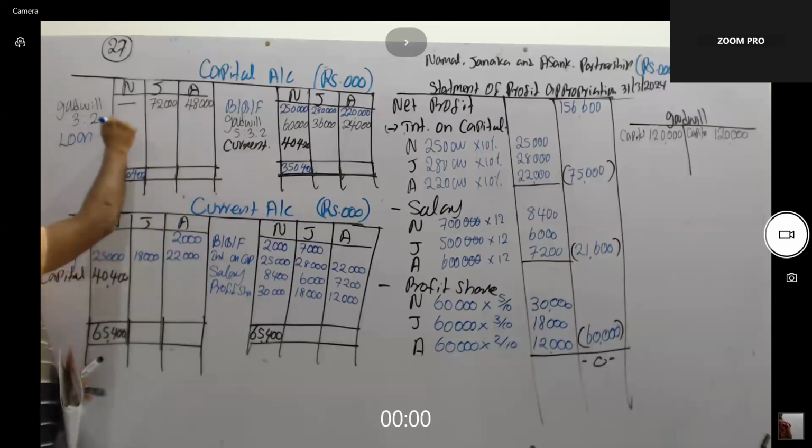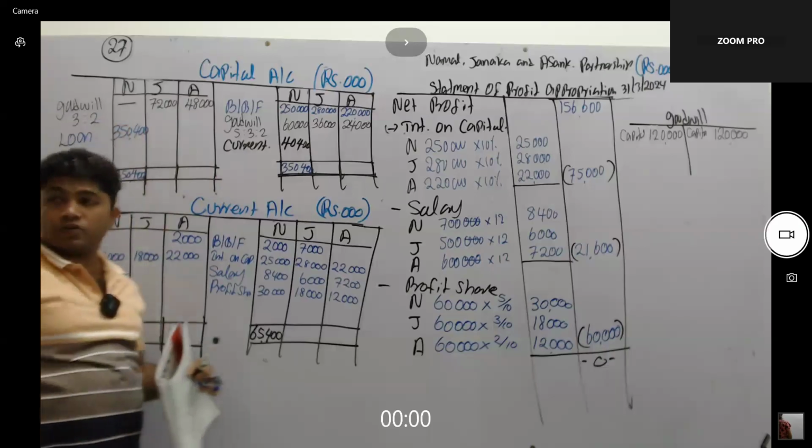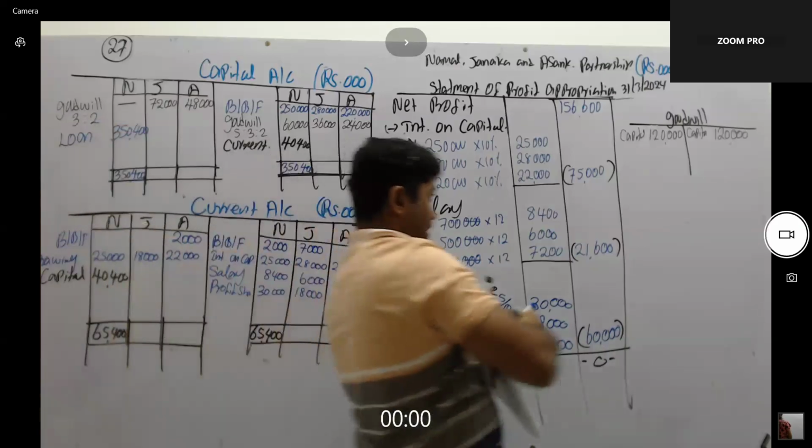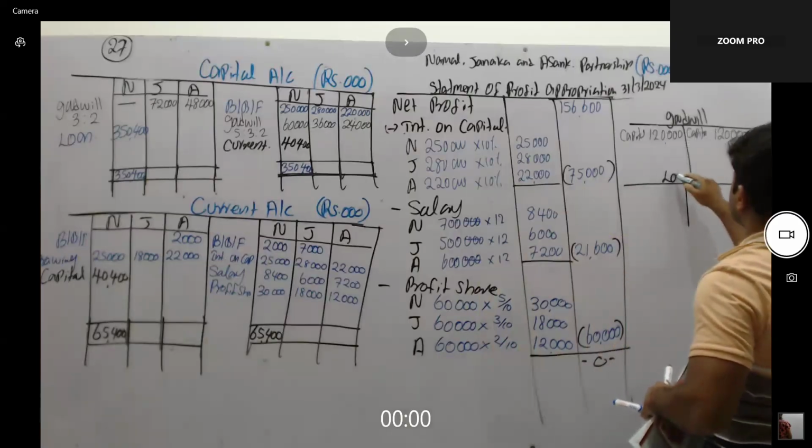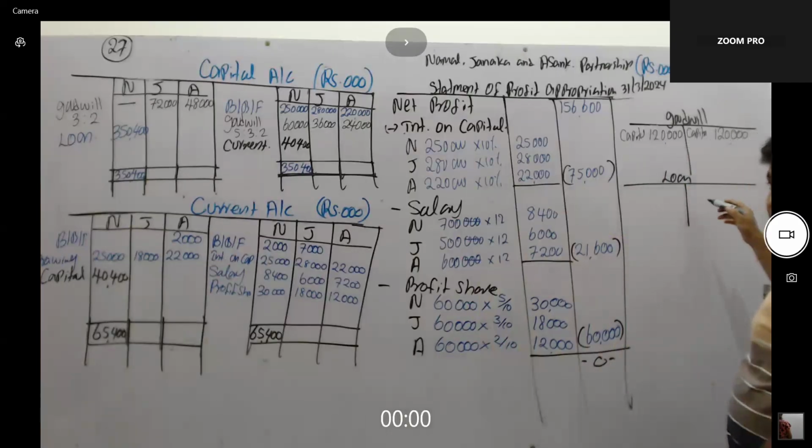Same value, 350,400. Prepare the loan account also. Therefore, loan liability: loan account credit, 350,400, as a capital.